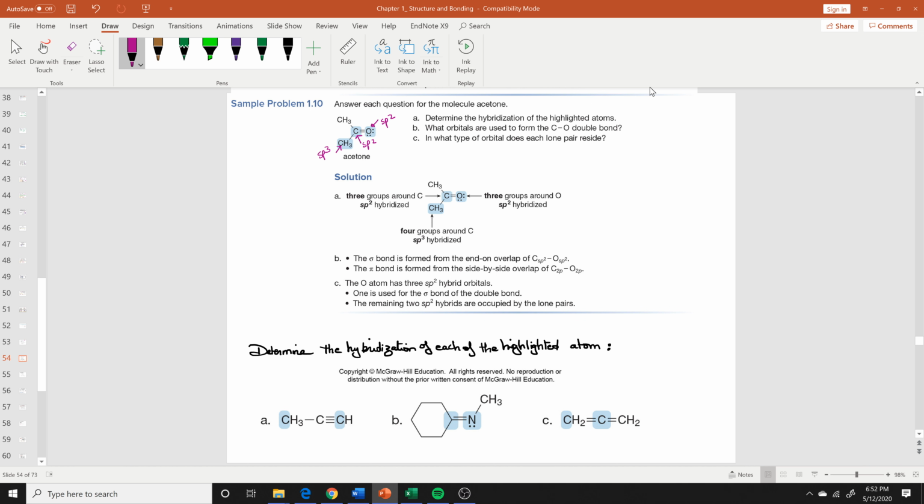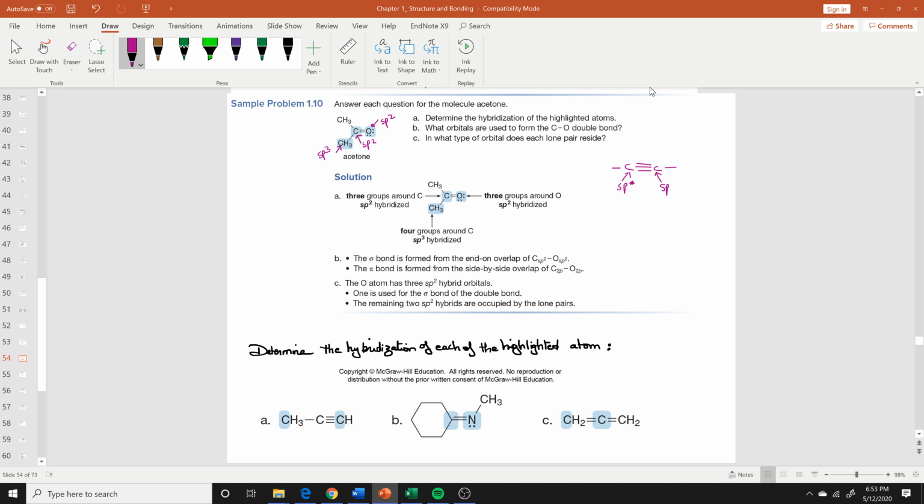If you have a triple bond, the hybridization around the triple bond is sp. And if you have a single bond, then the hybridization is going to be sp3, but it depends on whether you have a lone pair or not. So you can easily figure out the answer over here.